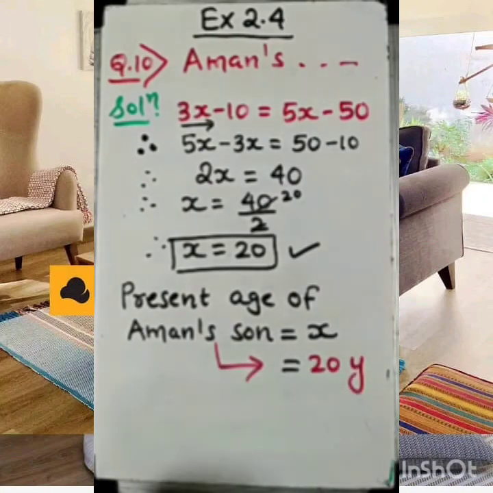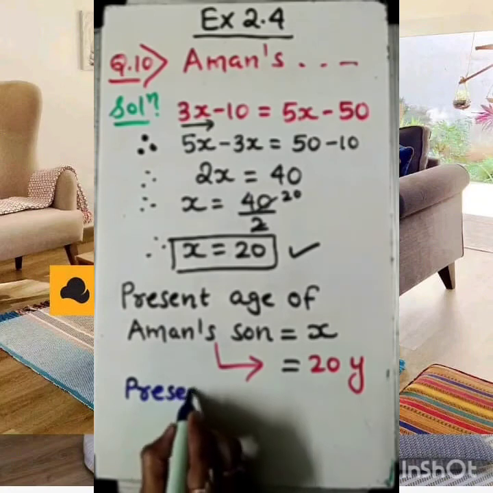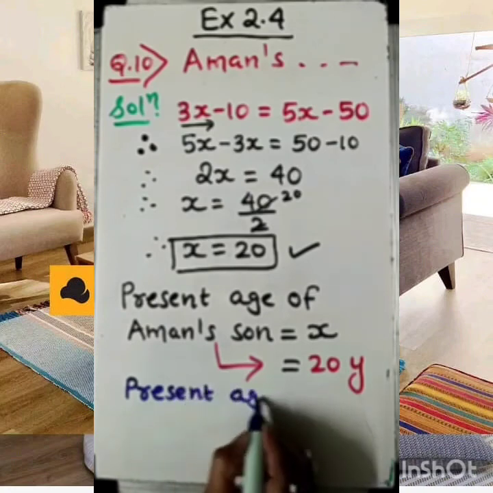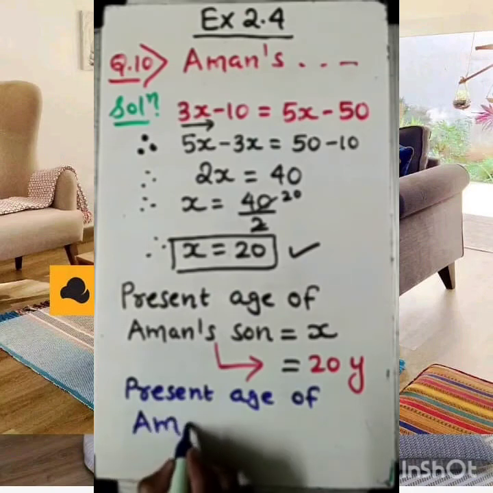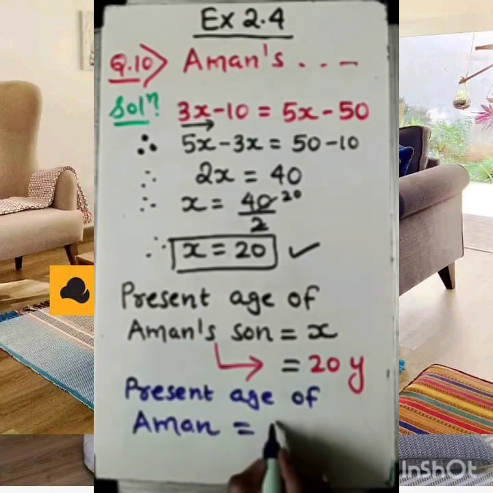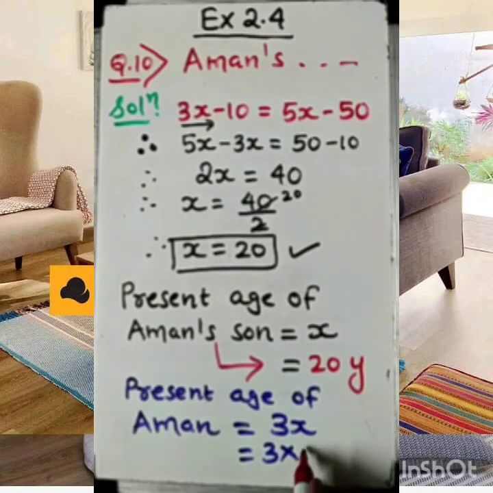Okay. Now work out Aman's age. The present age of Aman is equal to 3x. So 3 into, what is the value of x? We have already found that it is 20 years.